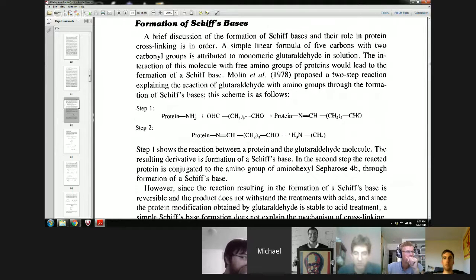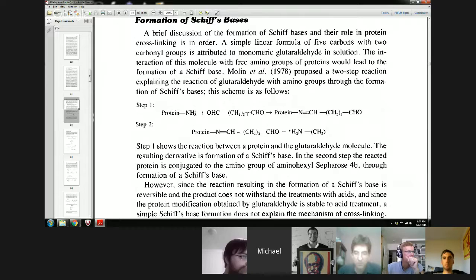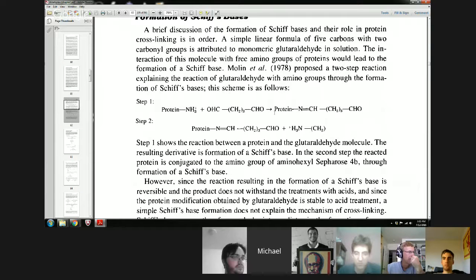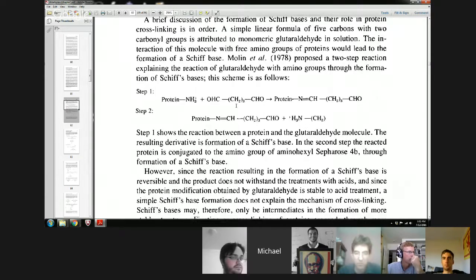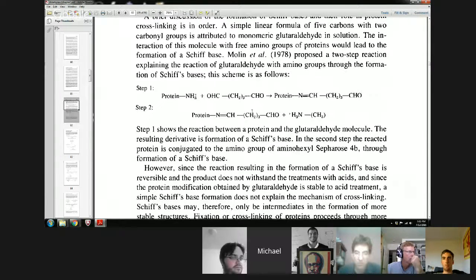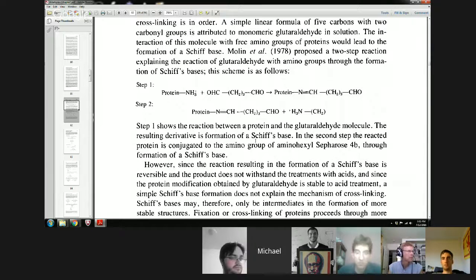So here's one theory. You've got one molecule of glutaraldehyde reacting with a protein, and it always reacts with the amine group, the nitrogen group, part of the proteins, and so it links it together, and presumably you could link it on both sides. But I guess Mullen et al. are saying this might not be really what's going on, because this is a reversible reaction, so it's not going to be anything that necessarily would be stable.